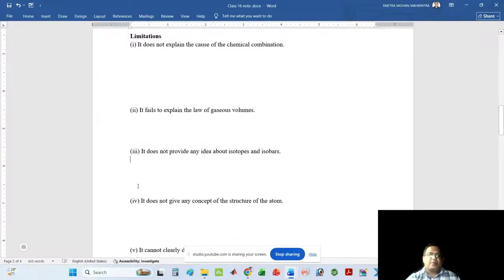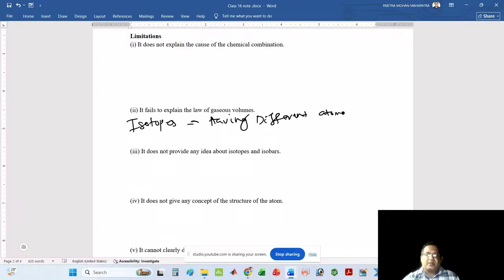Let's think about isotopes. What are isotopes? Isotopes means having different atomic mass but the same atomic number.